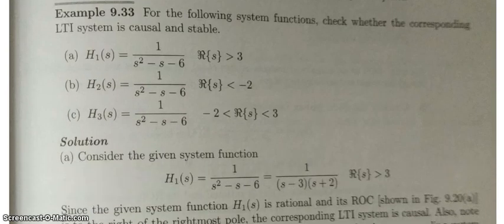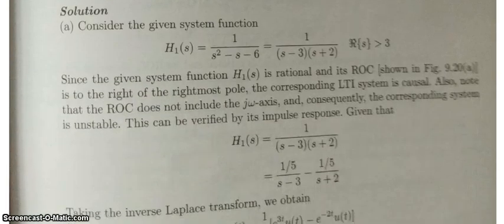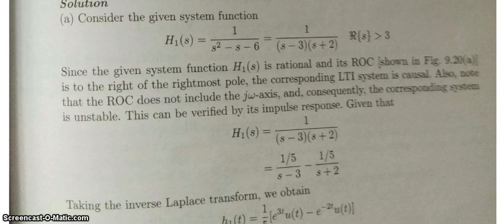Okay, now we'll consider certain problems. For the following system functions, check whether the corresponding LTI system is causal and stable. The first function is H1(s) = 1/(s^2 - s - 6), ROC is real part of s greater than 3. We'll directly start with the problem.